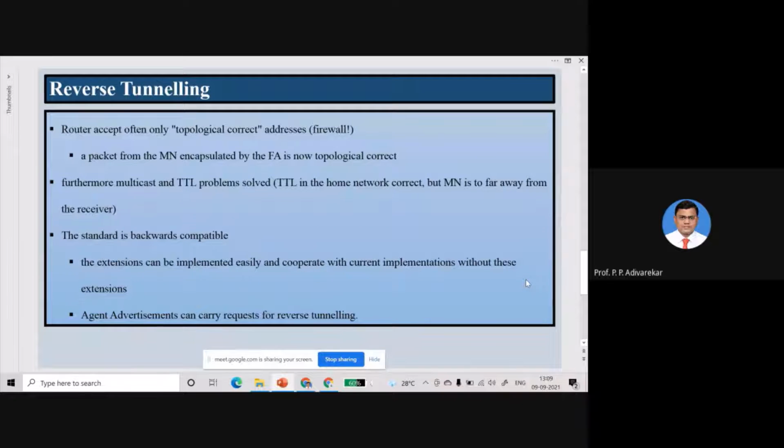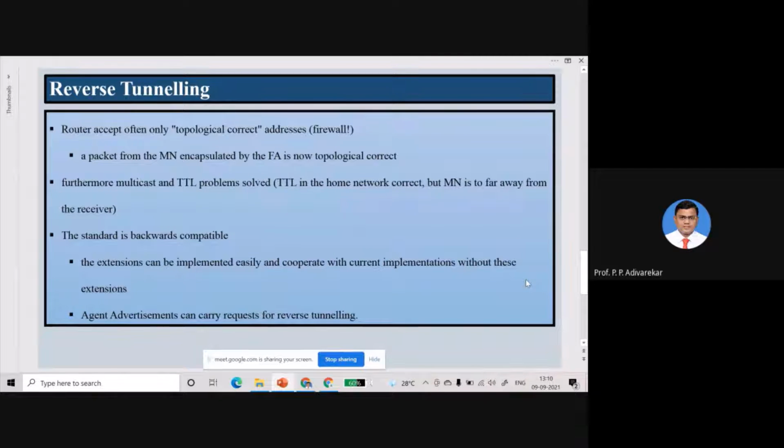As we have seen in IP packet delivery, when packets are returned from the mobile node to the correspondent node, they don't have to go through the exact same route as they traveled while delivering the packet to the mobile node.